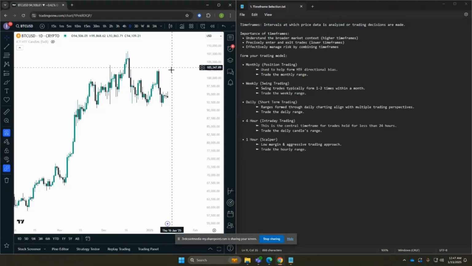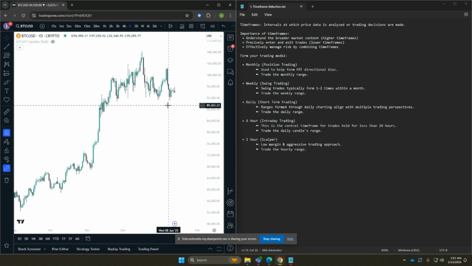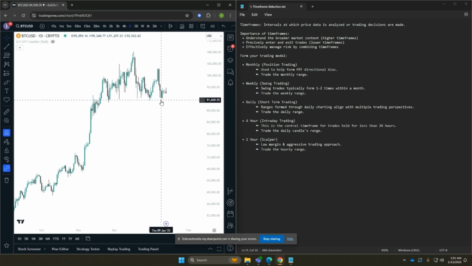So it's just a smart way of saying what time are you going to trade. Time frames are important for a few different reasons. They help us understand the broader market context. That's especially the case for higher time frames.